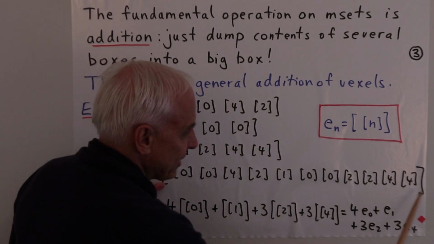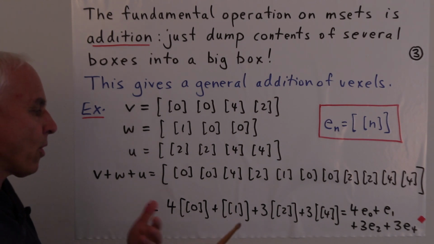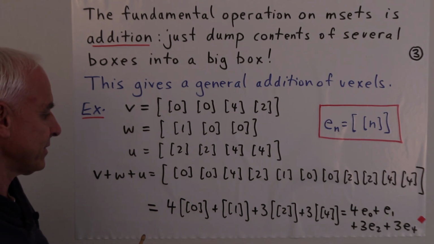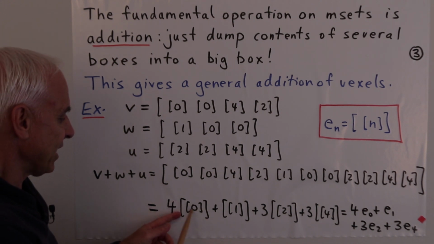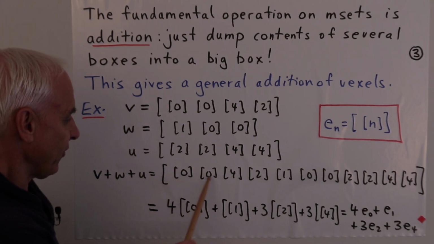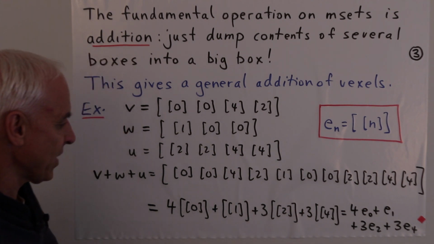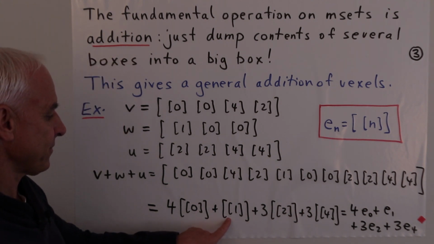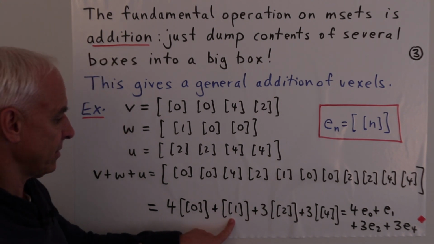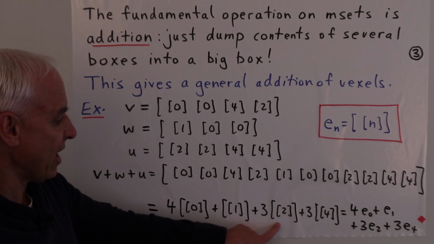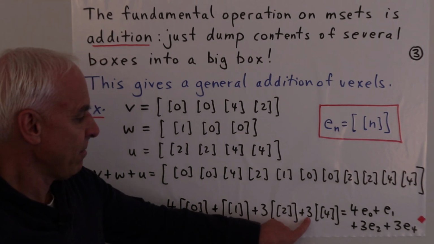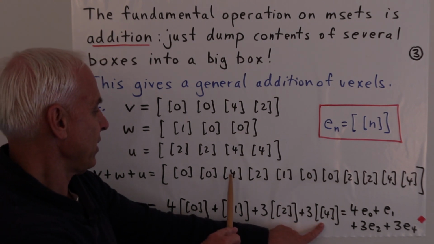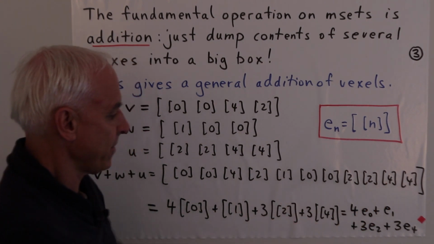Then this vexel here can be more succinctly written as 4 times the multiset consisting of the singleton 0, because there's 1, 2, 3, 4 zeros, plus the multiset with a singleton 1, plus 3 times the vexel containing a singleton 2, plus 3 times the one containing a singleton 4.